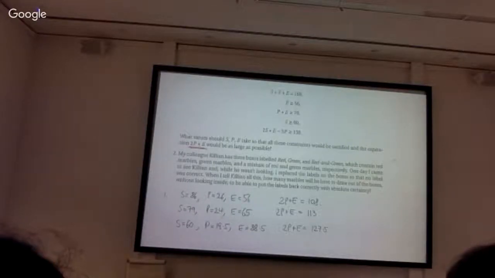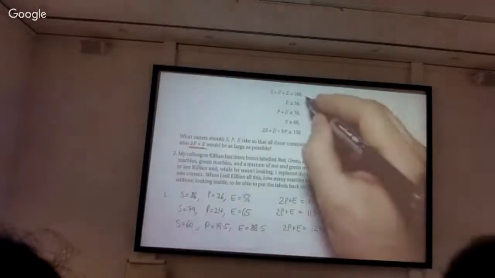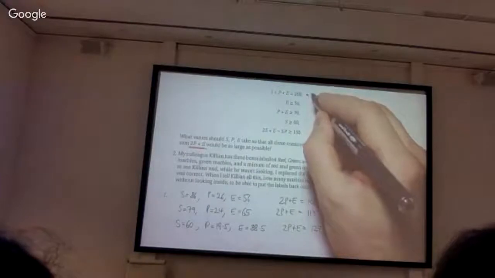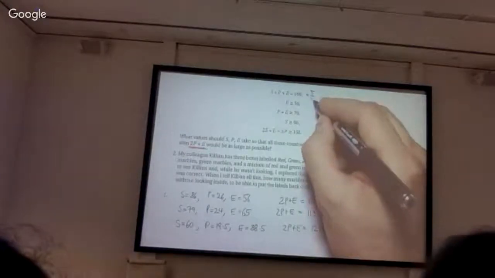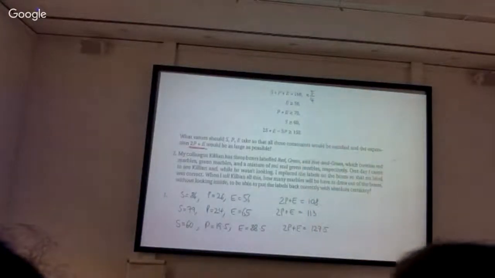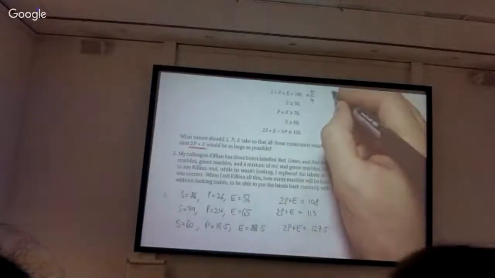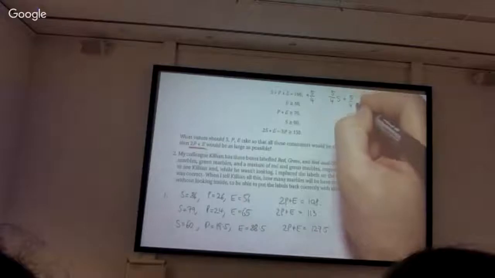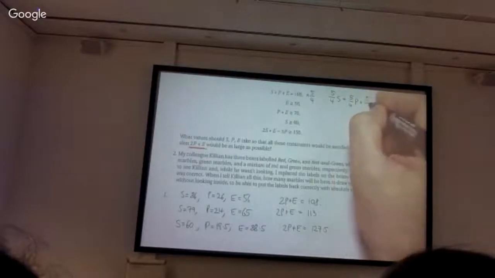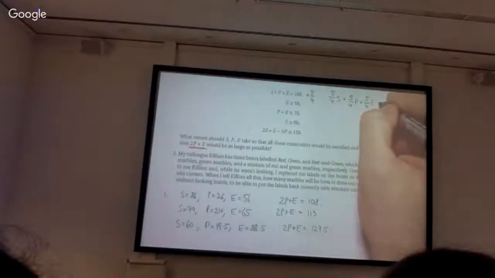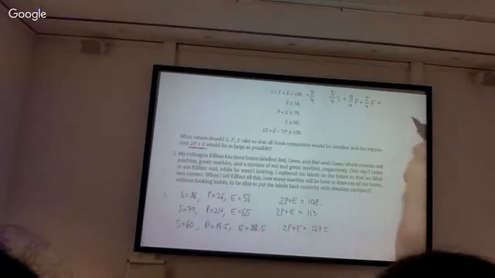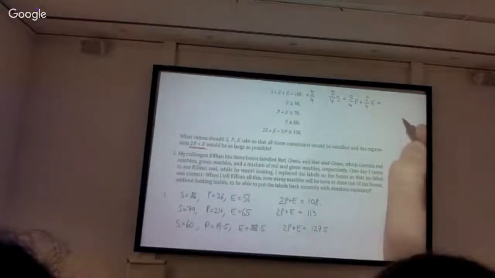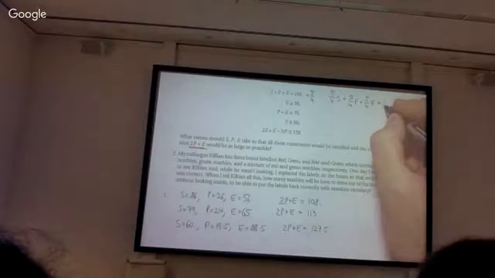Okay, so how do I show you that this is the best possible? I take the first constraint and multiply it by 5/4. So what I'm getting is that 5/4 s plus 5/4 of p plus 5/4 of e equals, I can't remember, 210?